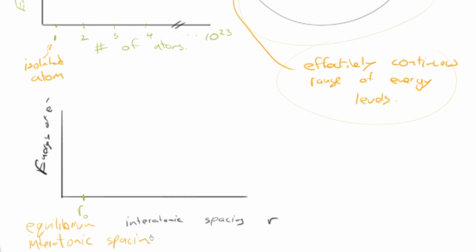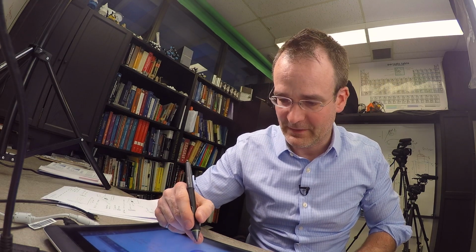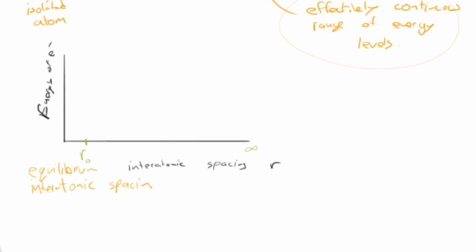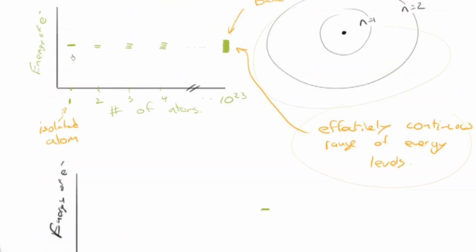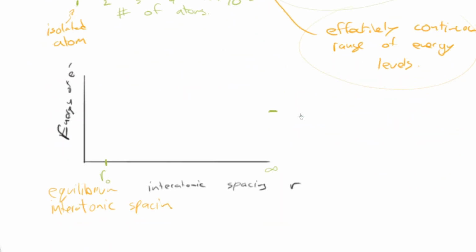So what's going to happen when we go from infinite spacing to R0, which is the spacing between atoms in a solid? That's what we're after. This is solid state chemistry, so that's what we're trying to figure out. Let's start with what we should probably be comfortable with, and that would be at infinite separation. At infinite separation, that's nothing more than this lonely, isolated atom we've discussed before, so there would be one energy level.